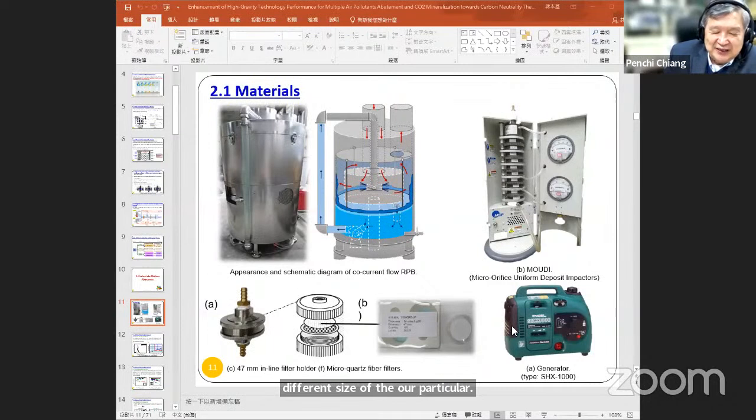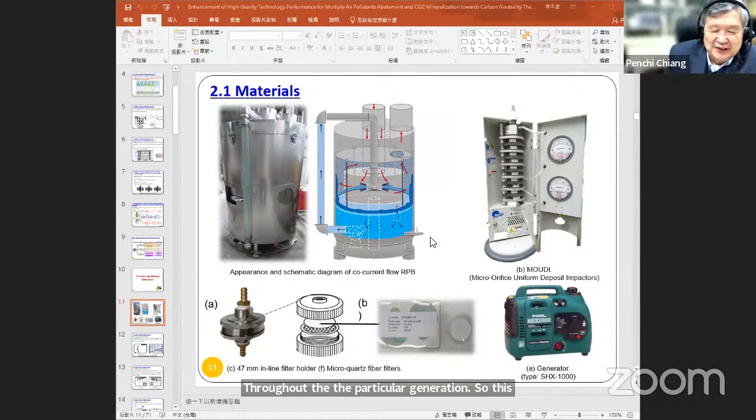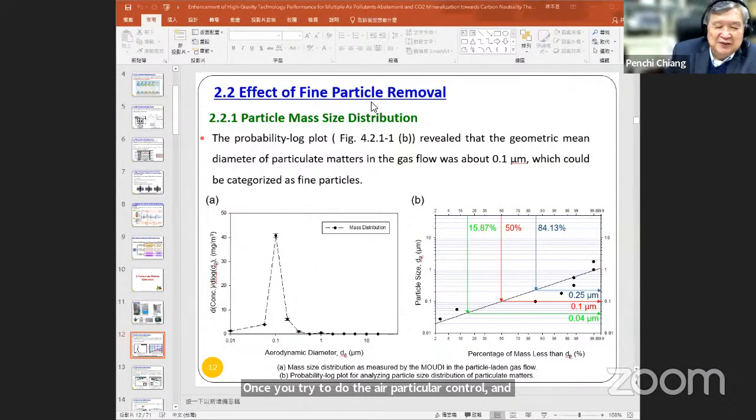In addition, we need to provide the quality and quantity of the air particulate through the particulate generation. So these are 3 very important pieces of equipment once you try to do air particulate control and reduction. At the beginning, as I mentioned, we have to use the Moudi to identify the particle size distribution curve here, okay?